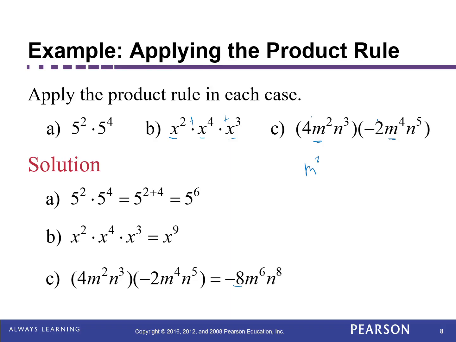Well, that's the same thing as m to the 2 plus 4, which is m to the 6th. That's where that term comes from. And all these are multiplied. Okay, then I have an n to the third times n to the fifth. So 3 plus 5 is 8. So it's n to the 8th. That's where that term comes from. So the overall simplification of this is negative 8 times m to the 6th times n to the 8th.